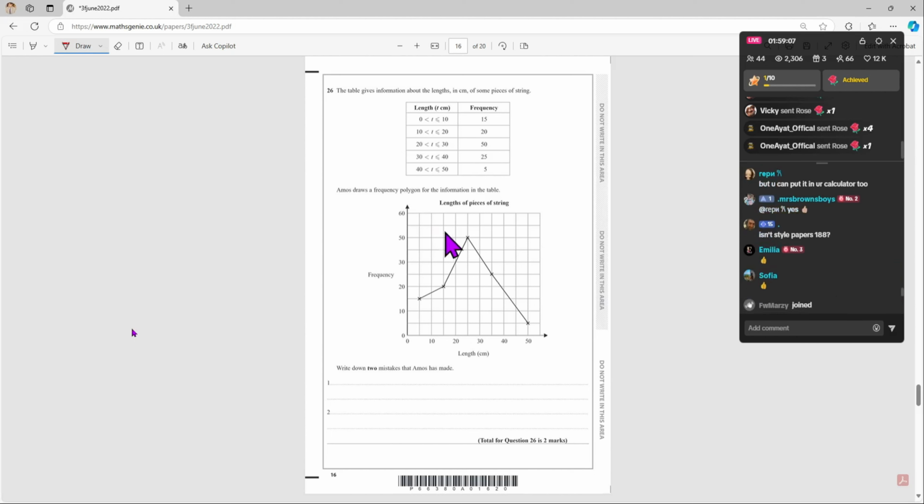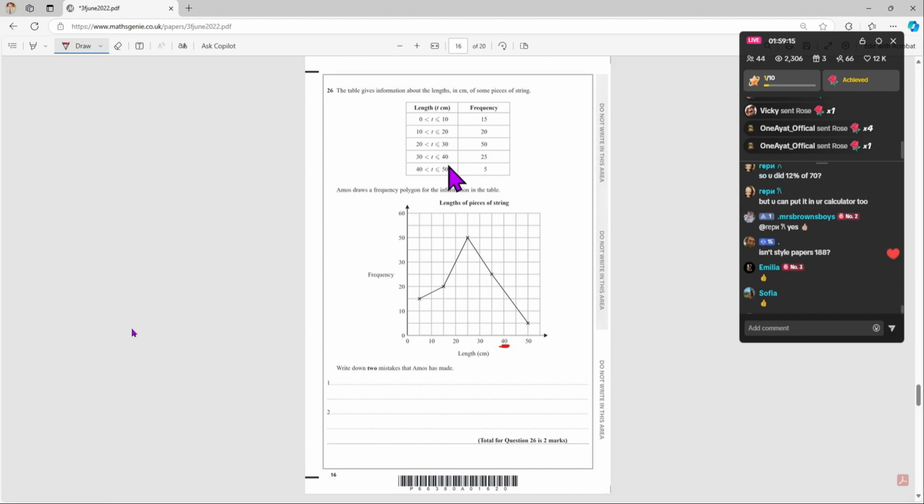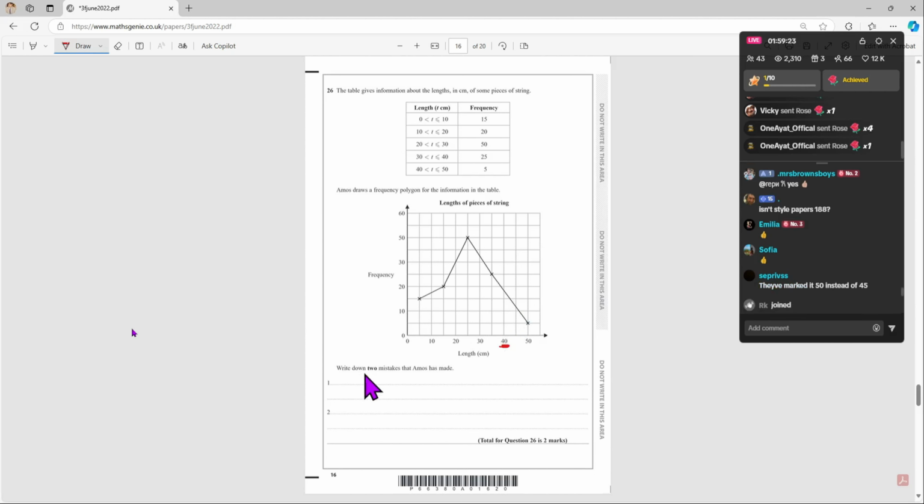The first mistake he makes is that there is no plot on the 40. There's supposed to be a plot over here on the 40. There's no plot, so first of all, 40 is missing from the vertical scale.